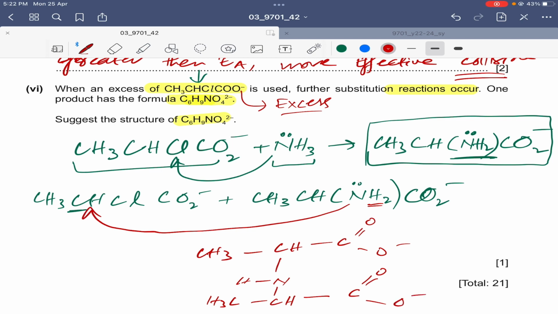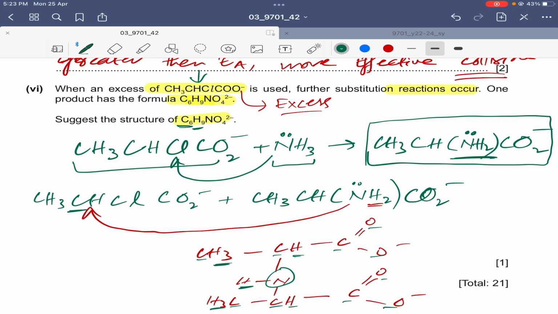And now if you count the carbon atoms, how many carbons do we have? 1 2 3 4 5 6 carbons. 3 4 5 6 7 8 9 hydrogen, and 1 nitrogen, 4 oxygen. 1 2 3 4. So I hope this is clear to everyone, right? Basically this is further substitution. Nitrogen is acting as a nucleophile in the second reaction.